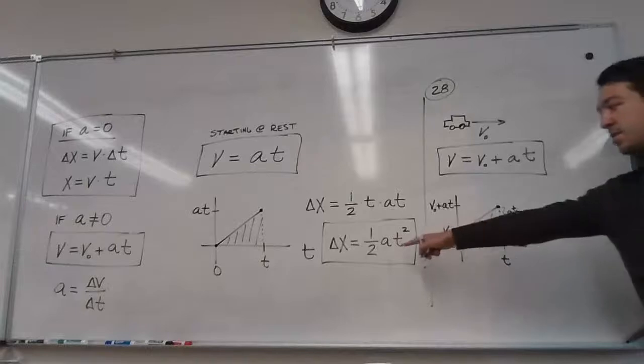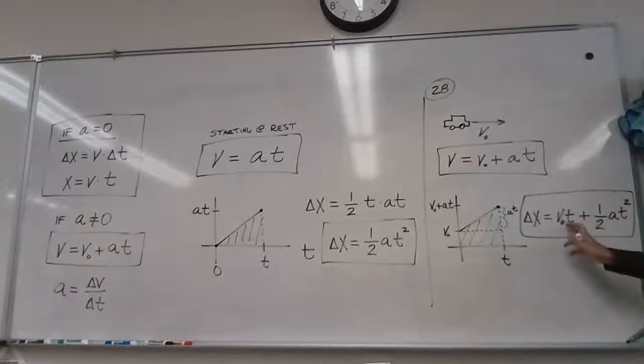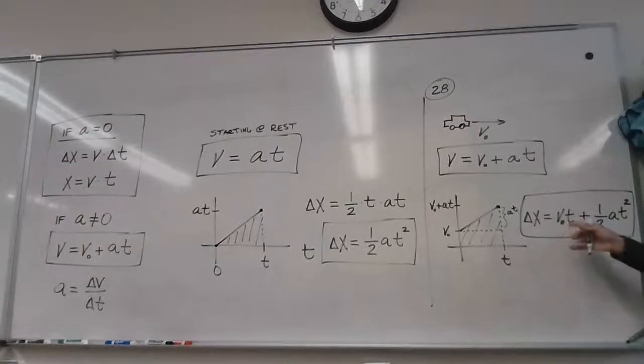It's a triangle, so it's 1/2 at squared. Very famous formula. This says that if you know the starting velocity, the acceleration, and how long the process went for, you can plug into this formula and it'll tell you the displacement, how far you traveled. Okay?